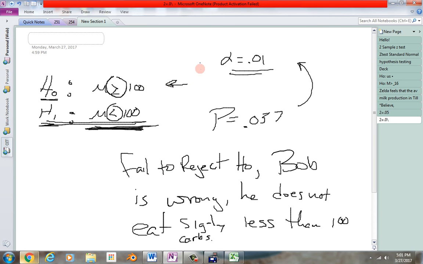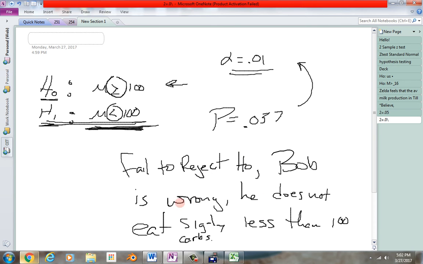Okay, so don't address the claim thing until the very end. That would be my suggestion to you. And by the way, I will not ask you questions specifically about the claim on the test. I will never do that to you. I will ask you to reject or fail to reject, and in your summations, you need to say something along these lines. Okay?